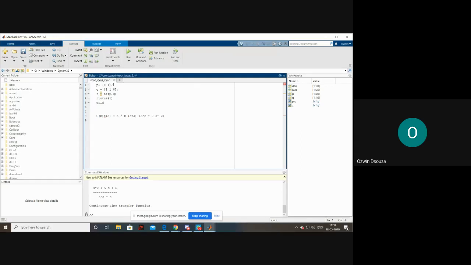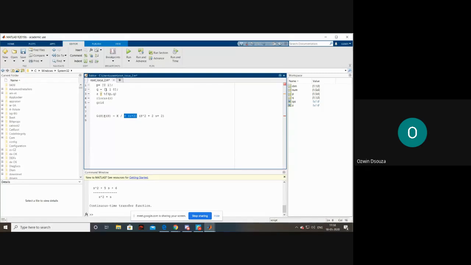And the denominator is quite big, s into s plus 3 into s square plus 2s plus 2. So we can make use of the convolution theorem here. First we will multiply these two. When we multiply these two, we get s square plus 3s.